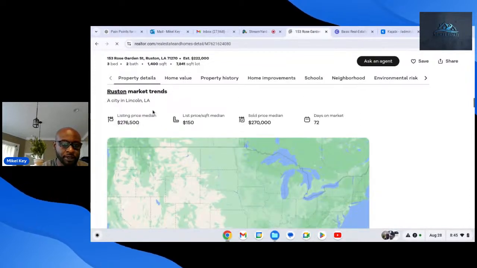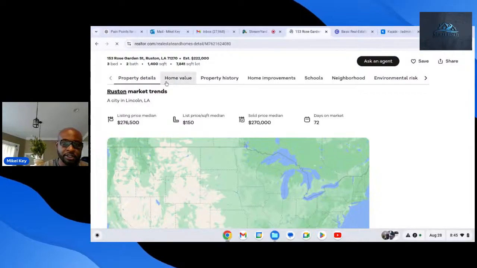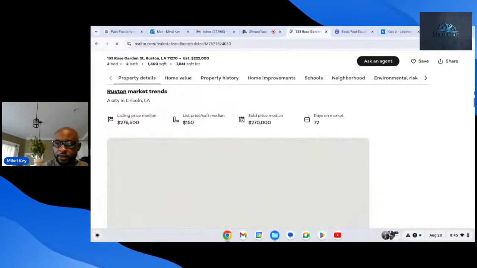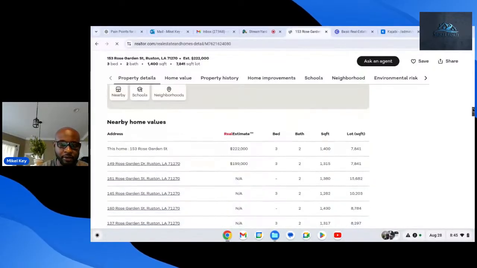If you go all the way down in Ruston, it gives you the median listing price, $276,000, and the median list price per square foot, which is the price per square foot I was talking about, $150 a foot. If you play around with the data, it gives you all kinds of data.